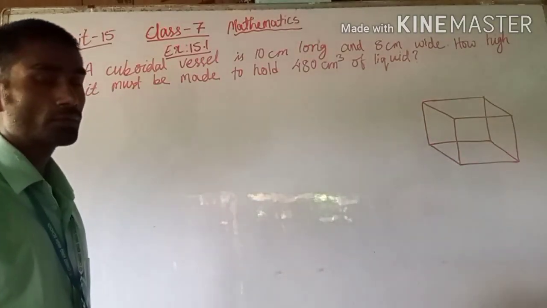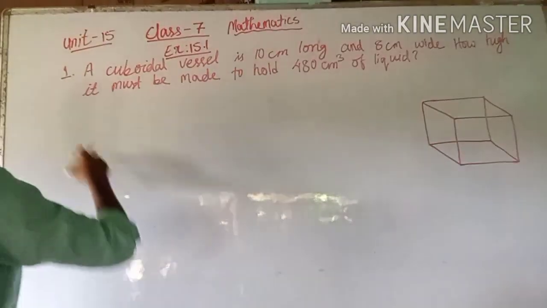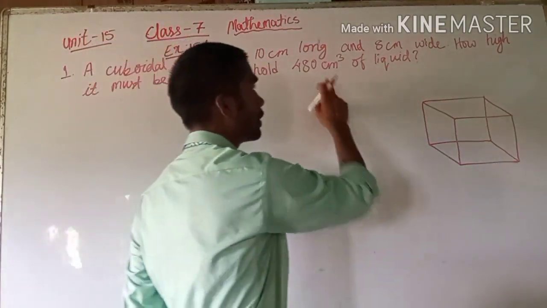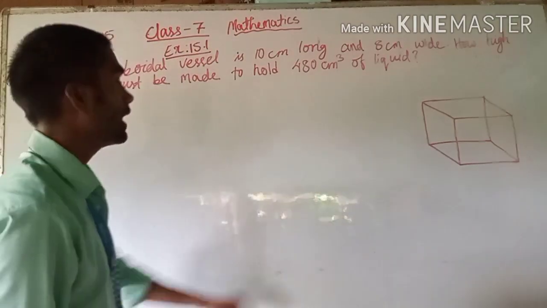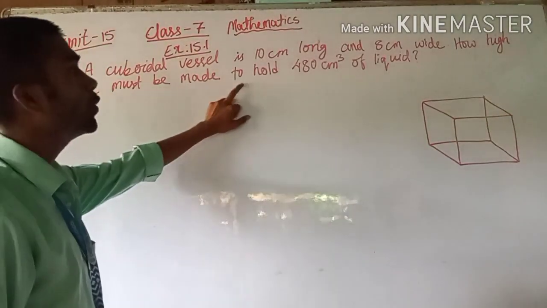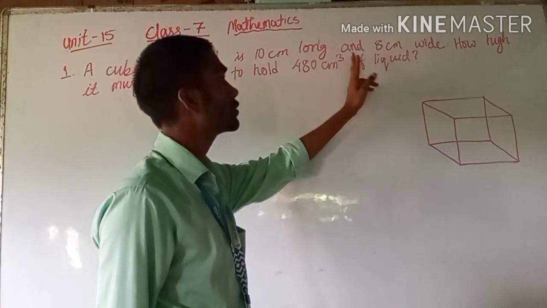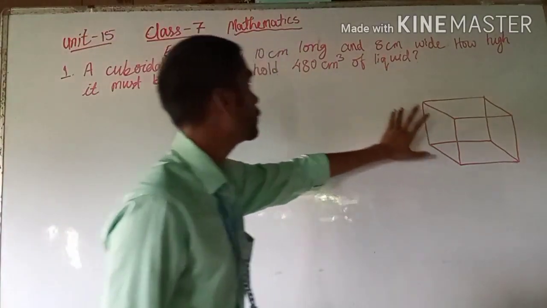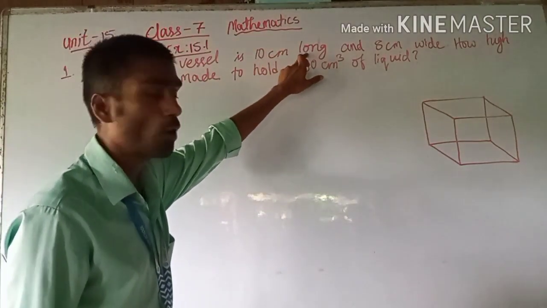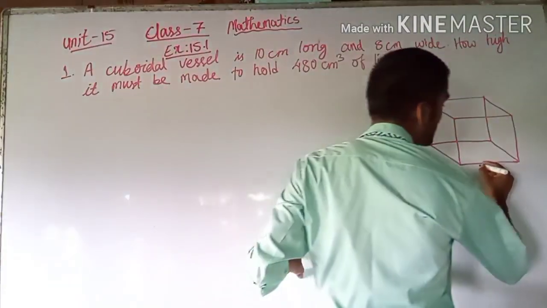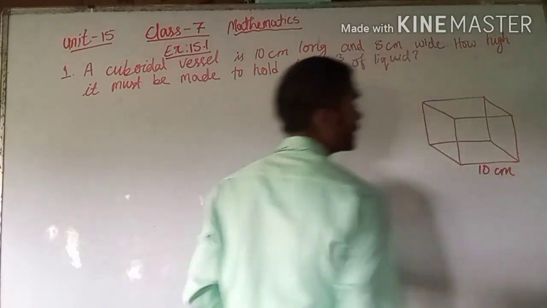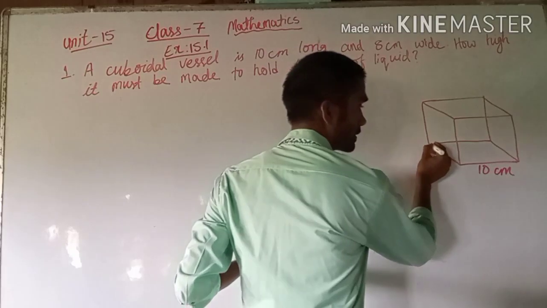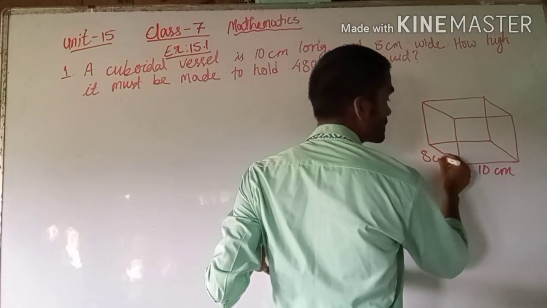So now let's start with the exercise, that is exercise 15.1. First question: a cuboidal vessel is 10 cm long and 8 cm wide. How high must it be made to hold 480 cm³ of liquid? Here it is said that a cuboidal vessel has 10 cm length, that means its length is 10 cm, and 8 cm wide, that means the breadth is 8 cm.